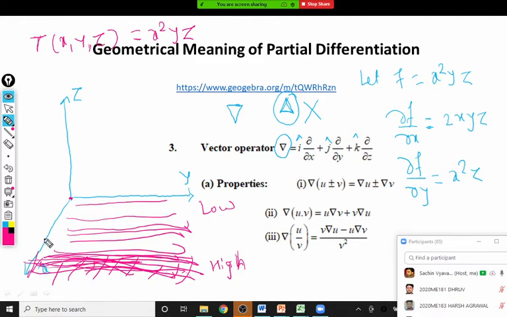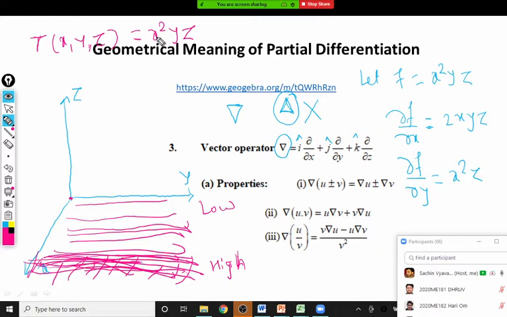Right now I have shown the temperature distribution in the xy plane only, but you can assume the same along the z-axis also. On the yz plane the temperature is 0 because the equation of the yz plane is x equals 0.